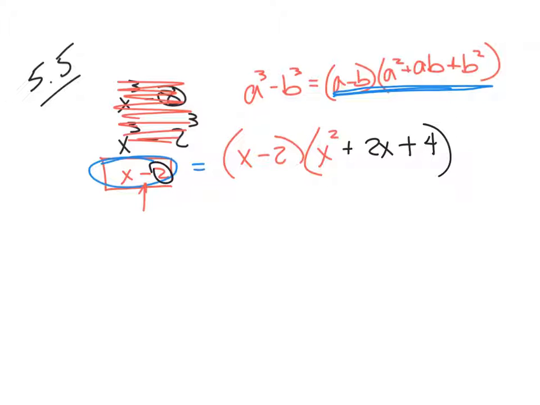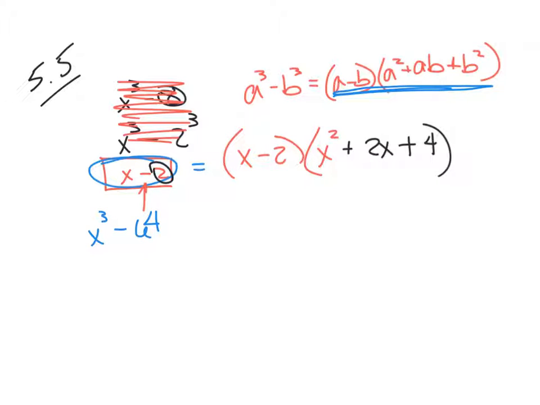So let's go ahead and try another one. I'm going to go to the homework assignment and pick one out. I'm going to leave this formula up here so we can follow it. So in blue, let's go ahead and do this. X cubed minus 64.